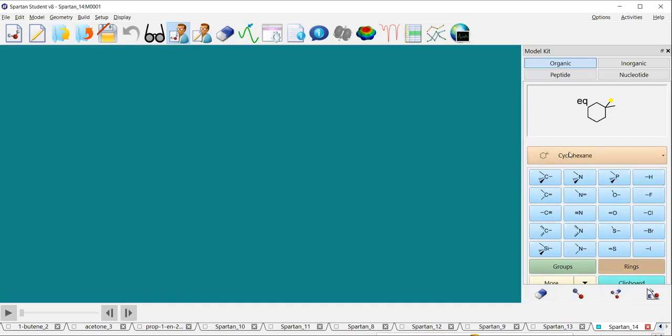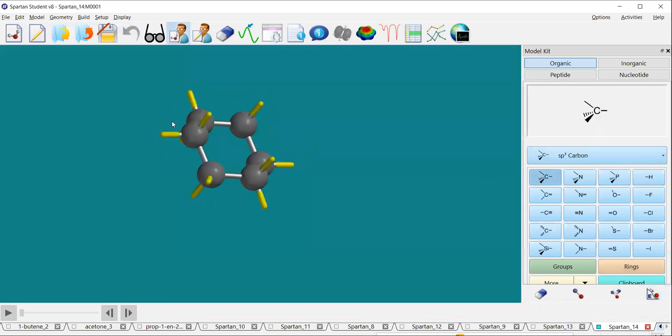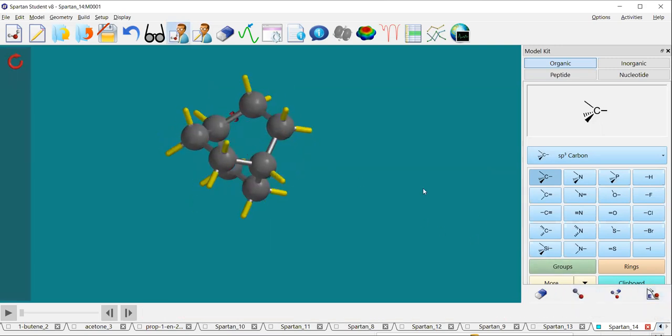Rings, cyclohexane again, and I will do that again, minimize.